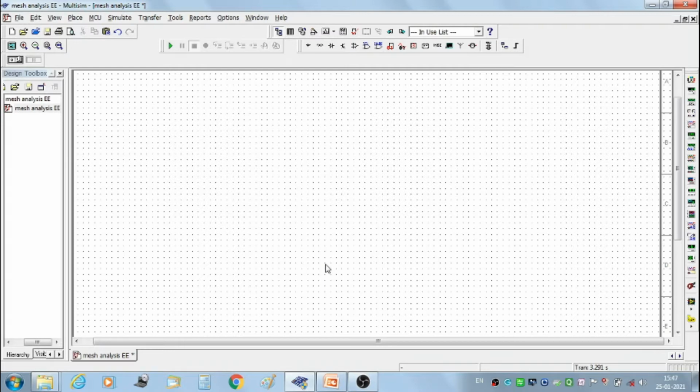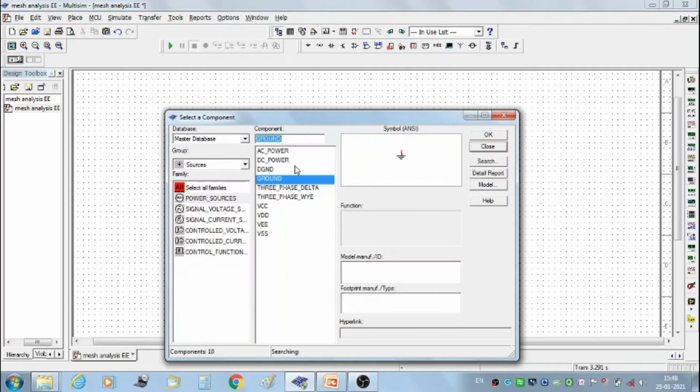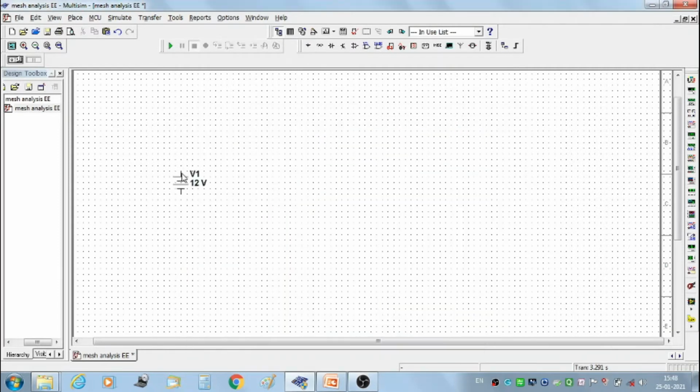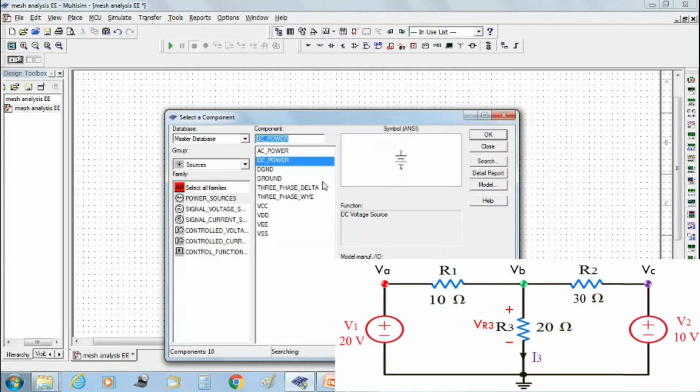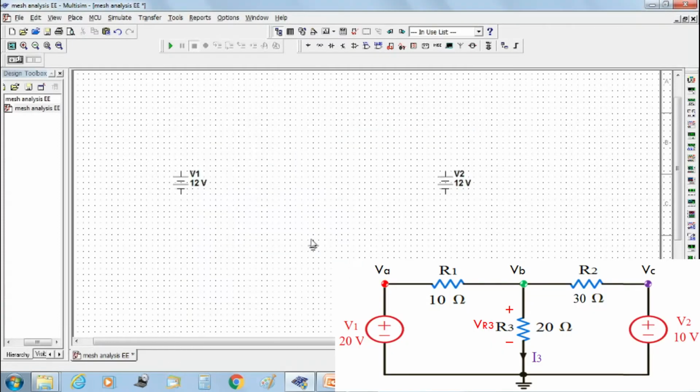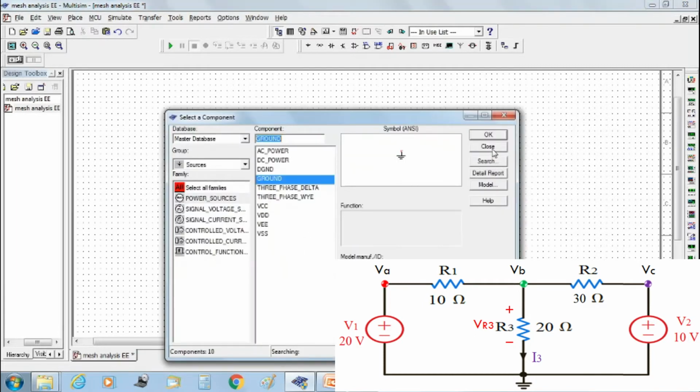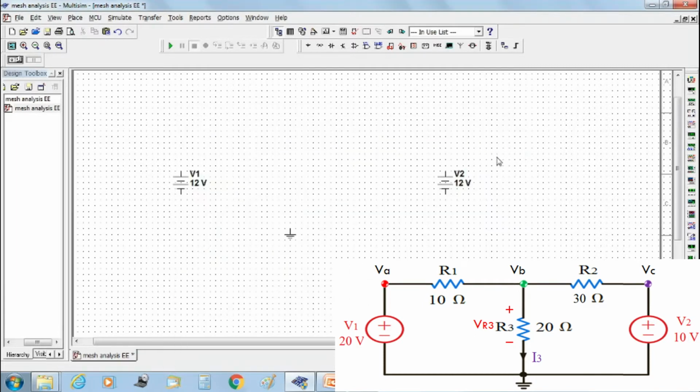Now, from the component toolbox, select two DC sources V1 and V2 and ground. Close the component toolbox.